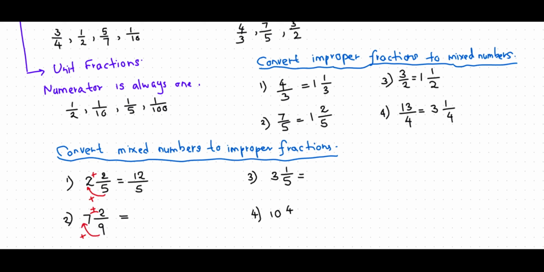Multiply, add. Nine times 7, 63. 63 plus 2, 65 over 9.